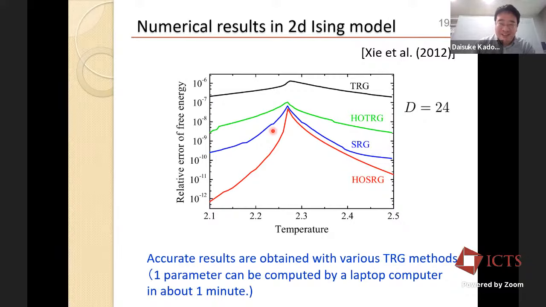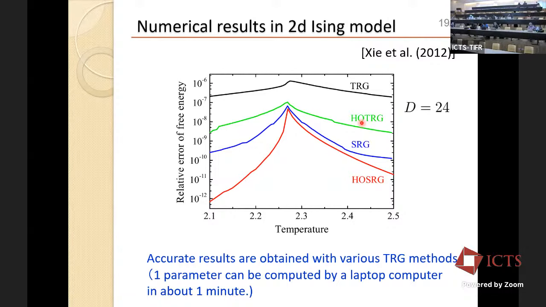For fixed D cut, the other method provides better numerical results, better performance. But for fixed computational time, the higher order TRG method shows better performance.